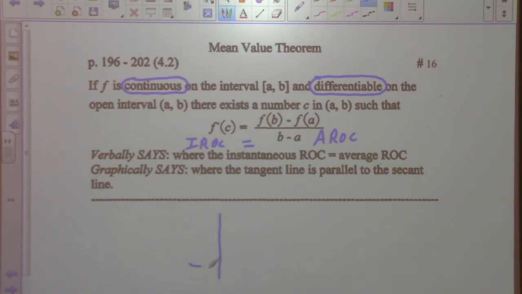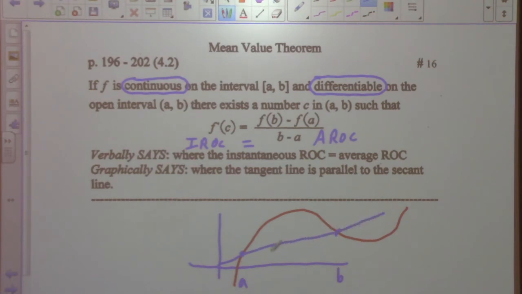So if you have a function like this, and you have two points here at A and B, and between these 2 points, there is a secant line joining those 2 points.